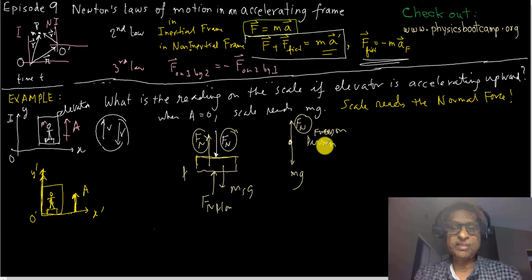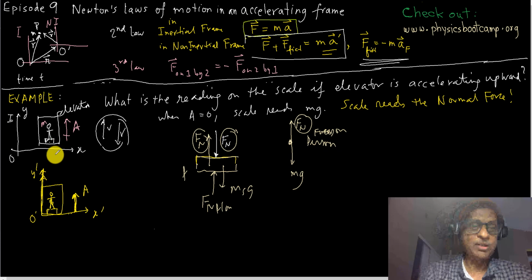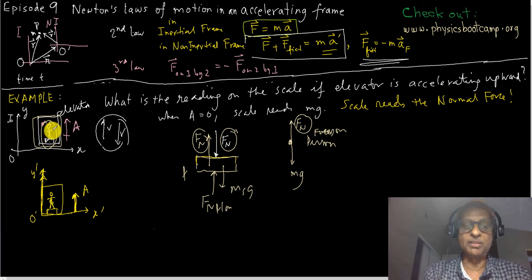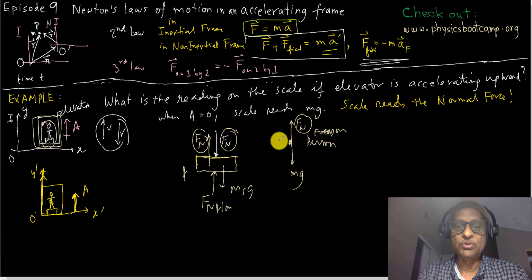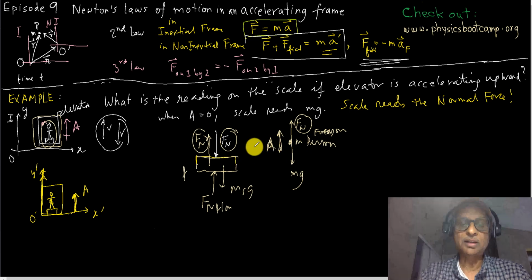So this will be the diagram, and from the setup, the elevator's acceleration gives me the acceleration of the mass of the person also. So this whole thing has a mass m and acceleration a.